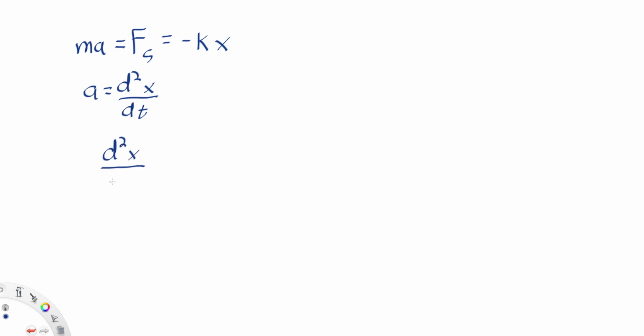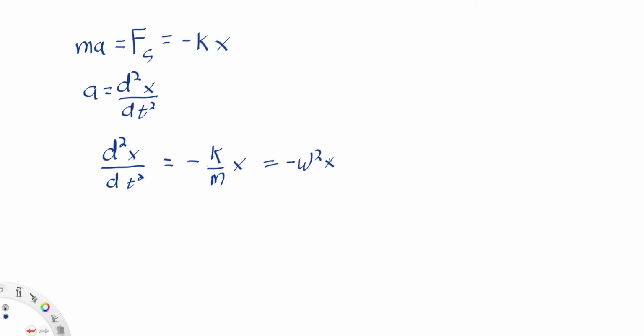of position with respect to time is equal to minus k over m times x. And of course, we're going to rewrite k over m as omega squared. So we have minus omega squared x.